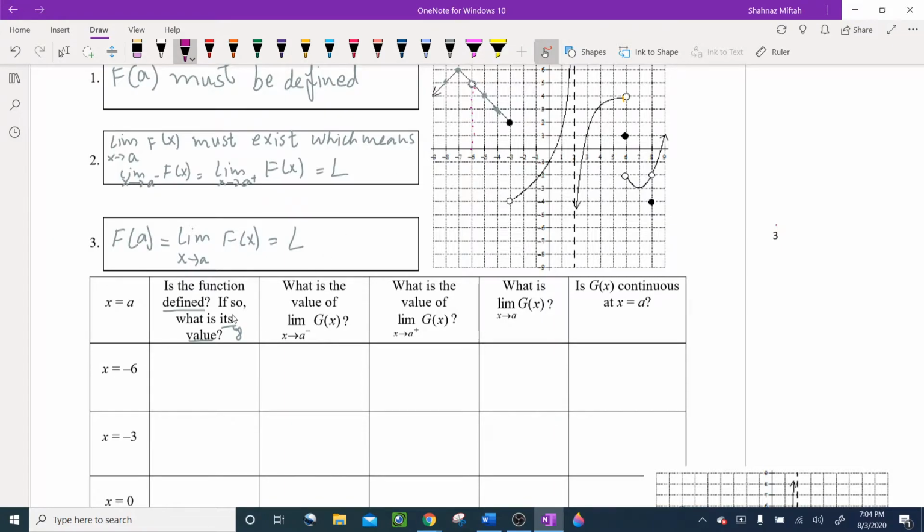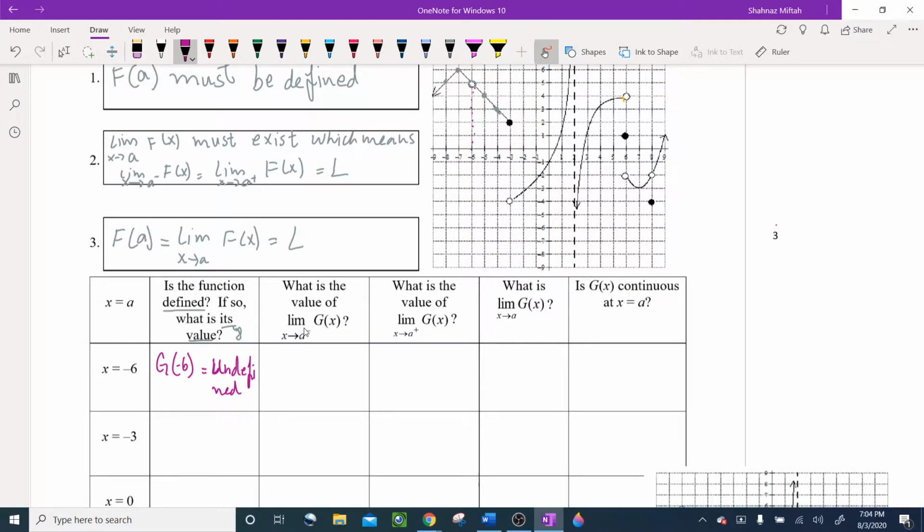They are only asking about a defined point. They're not asking about a limit. So no arbitrarily close. Arbitrarily close goes with limit. So it means I don't have any y value there. So I'm going to say g of negative 6 is equal to undefined. It's a hole, so undefined.